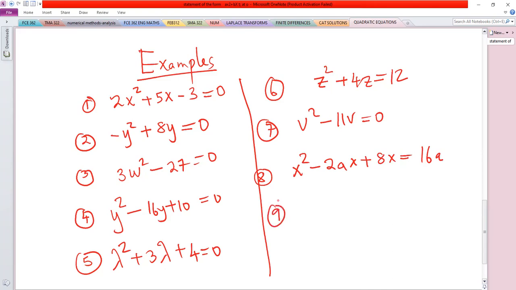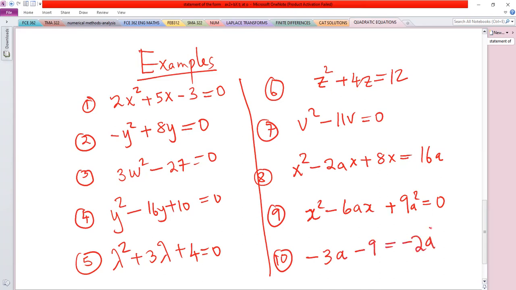Number 9, x squared minus 6ax plus 9a squared equals to 0. Number 10, we can have minus 3a minus 9 equals to minus 2a squared. So this is quadratic in variable a.